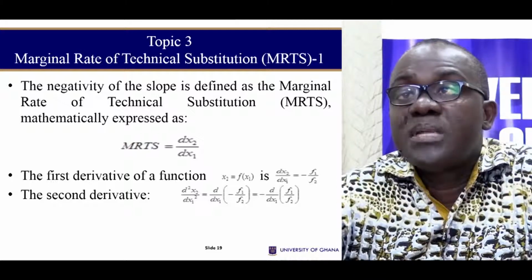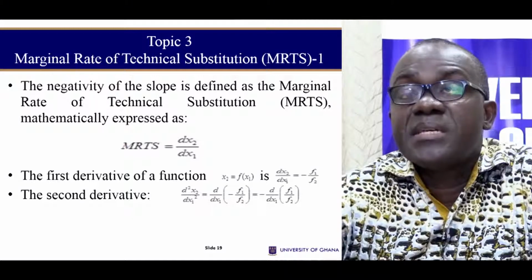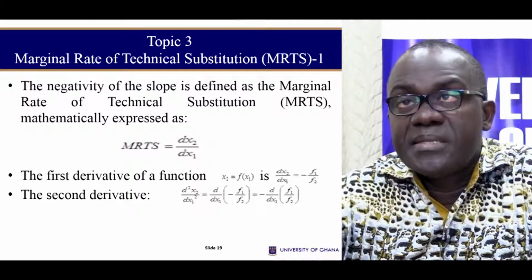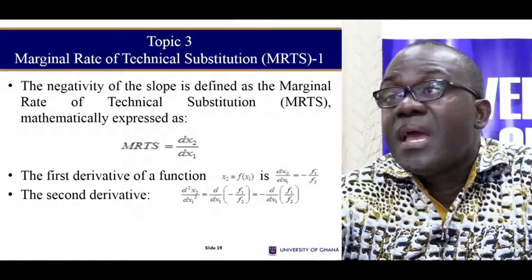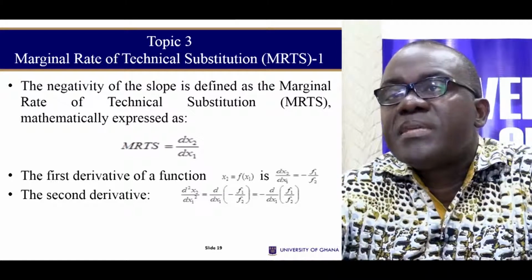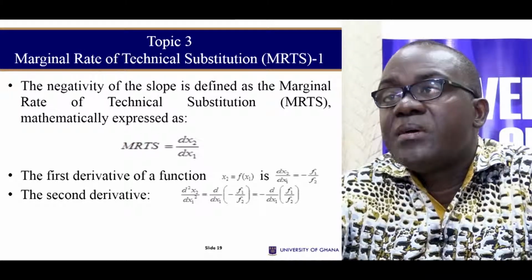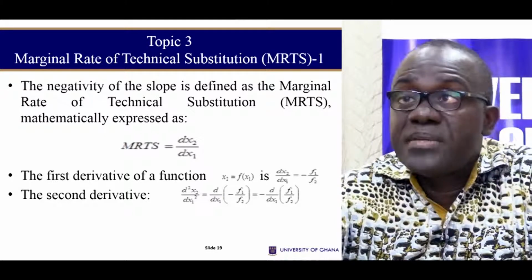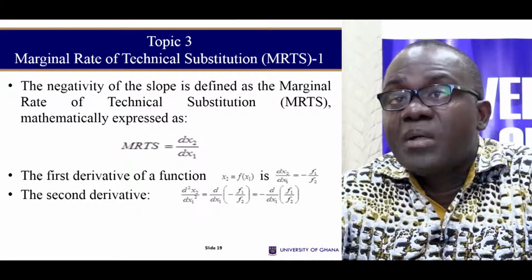So in order to do that, we have to take the first derivative of the second input with respect to the first input, and that gives us the marginal rate of technical substitution. When we take the first derivative of that function, we get what we have over here. The simple reason is that we have a negative, because as one increases, the other should decrease so that we can assume the same level of output.